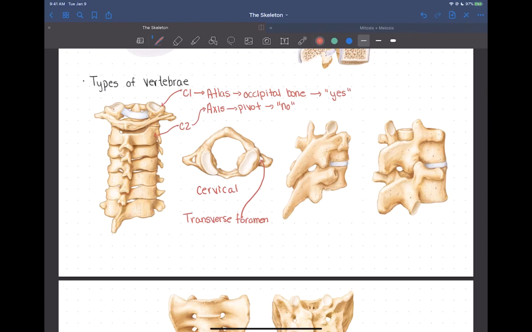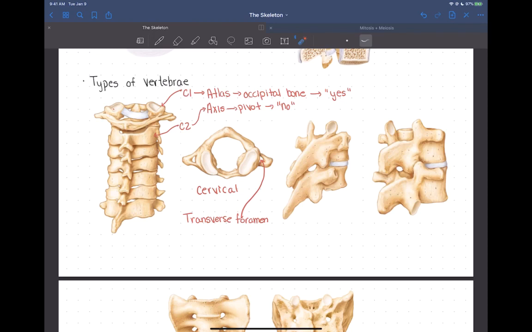And so cervical vertebrae all have those transverse foramina, okay? So that makes them very easy to identify. Thoracic is not going to have that. Lumbar is not going to have that. So if you see a bone and you see 3 holes, one in the middle and then one off on either side, that's a cervical vertebrae, okay?